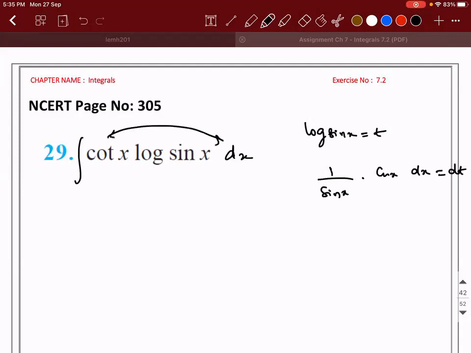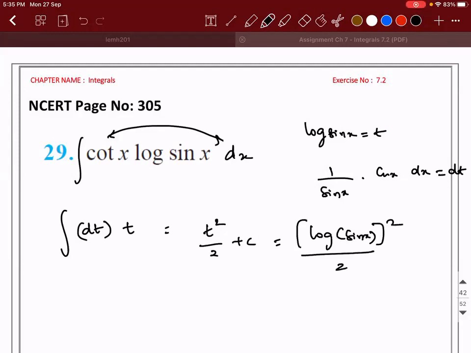So cot x dx will be dt. dt multiplied with t will give you the answer, which will be t square by 2 plus c. So t is log of sin x the whole square divided by 2 plus c. Clear? So clear.